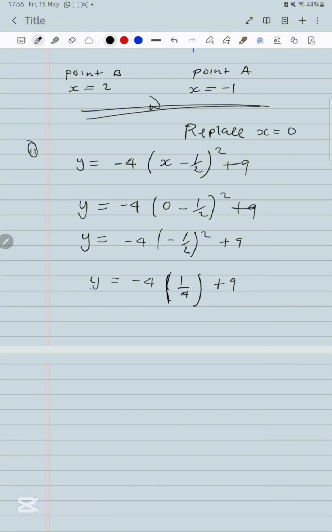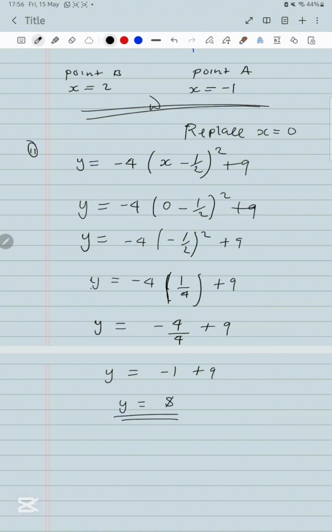So here remember that if you square a negative number, it will be positive. So y is equal to -4 multiplied by 1. It is negative 4 over 4 plus 9. So y is equal to -1 plus 9, meaning we see 8.